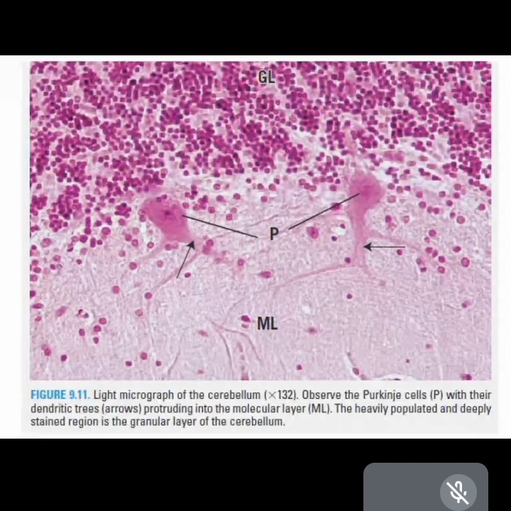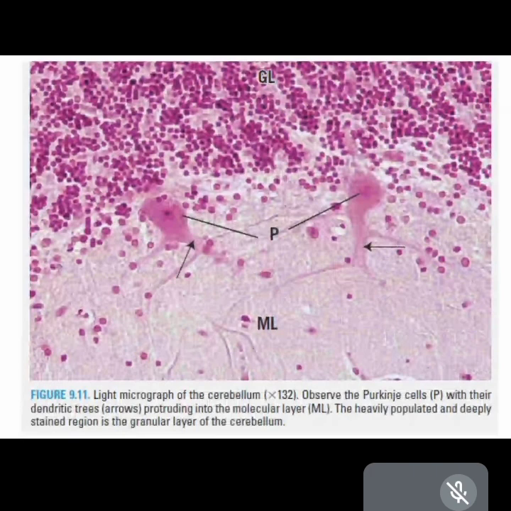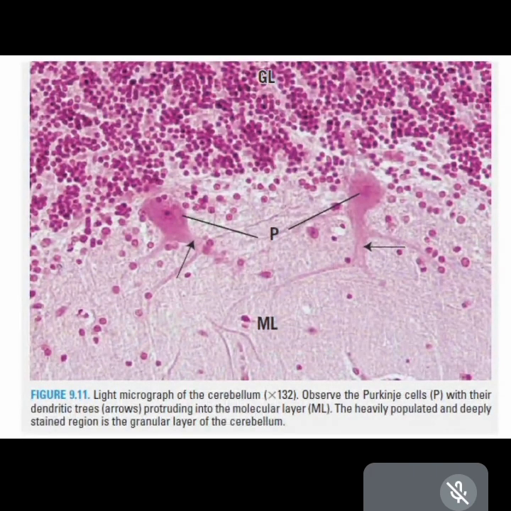That's your dendritic trees. And then they function to sort and integrate excitatory and inhibitory impulses. So, as described, it has a central nucleus and highly branched dendrites with a single myelinated axon. The P is the Purkinje cell, the center of which, the end of the arrow, is the nucleus, centrally located.